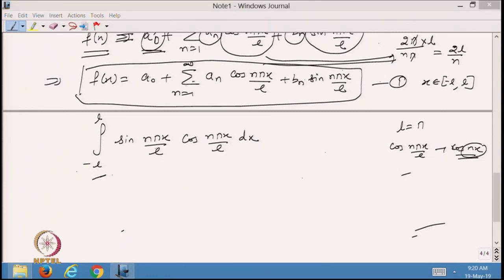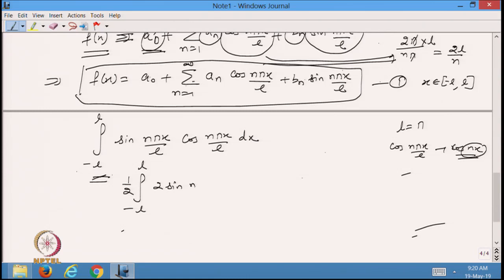Now, in this case I am taking the weight function to be 1. So, if you do the integration of this, I just multiply by 2, and then 2 sin(n pi x by L) into cos(n pi x by L) dx. To solve this integral I apply a trigonometric identity.